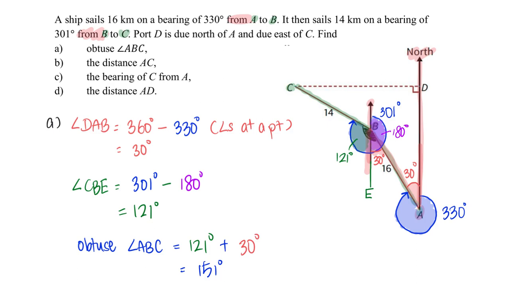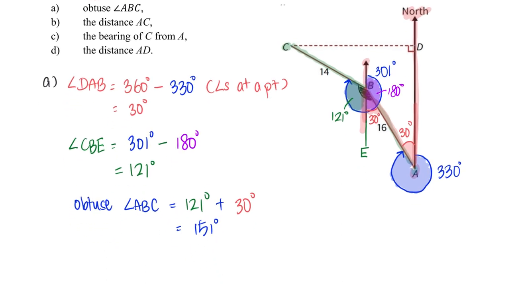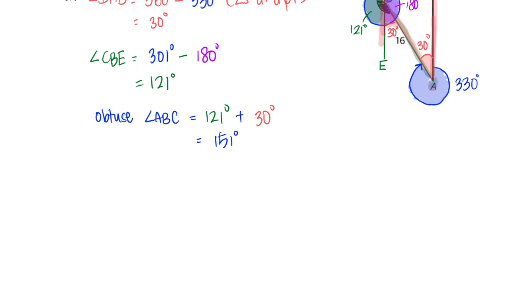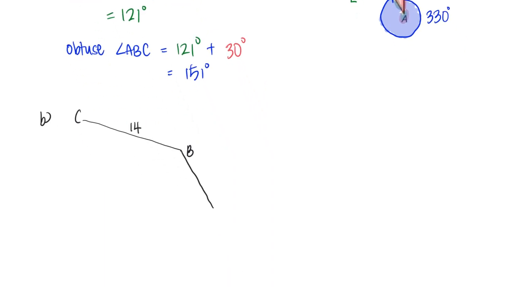With that, let's take a look. Find the distance AC. So for part B, distance AC, I am going to just simply do a rough sketch. C to B is 14, B to A is 16.